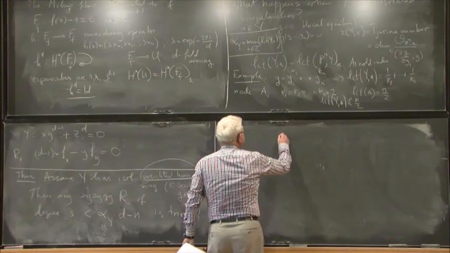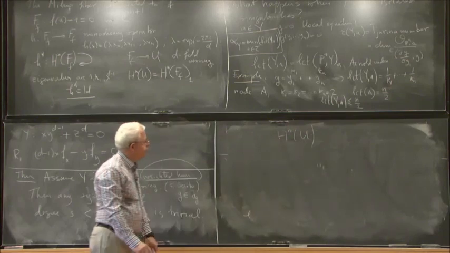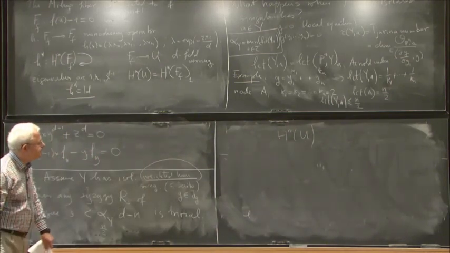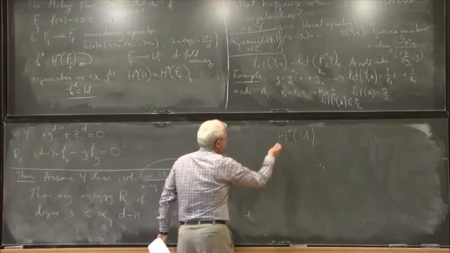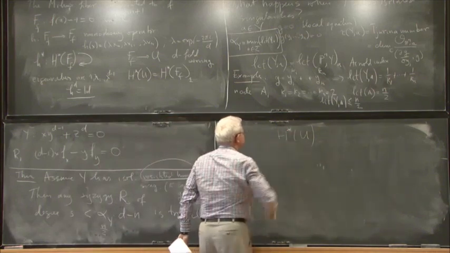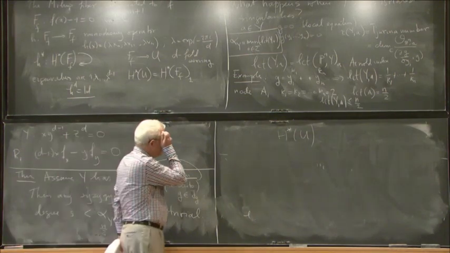So if we look at the cohomology of U, actually all the cohomology groups of U, here we have two filtrations.